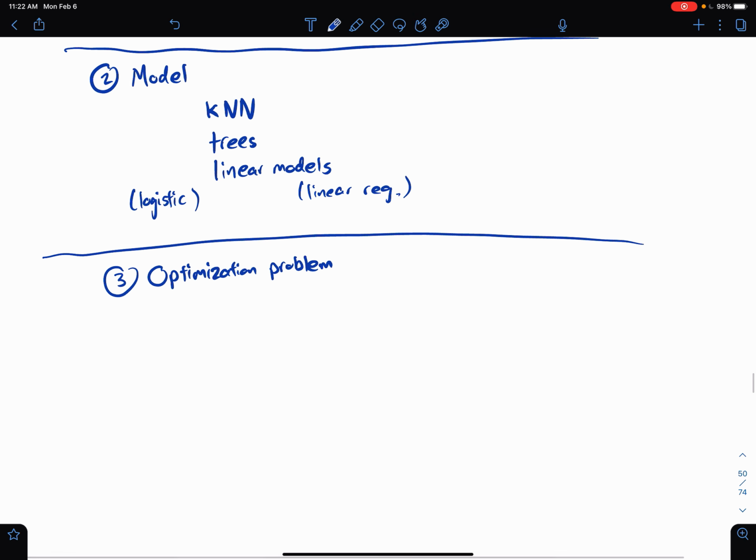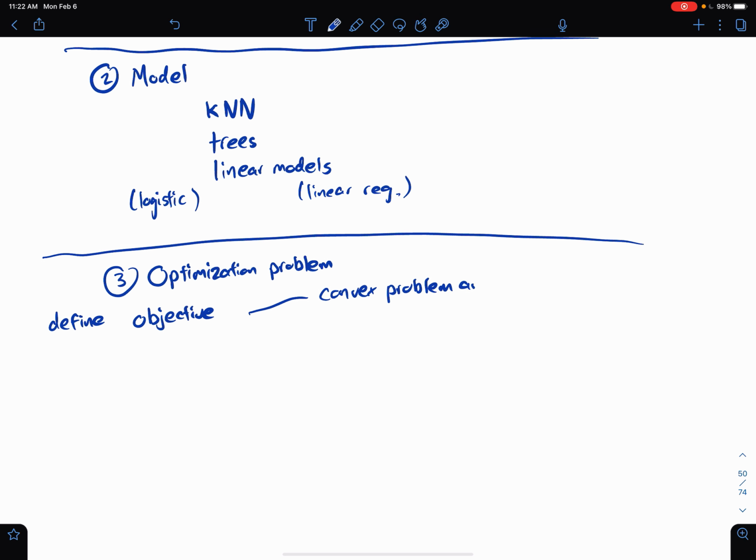This is where we define what our objective is. We mentioned last class that there are entire classes of problems that are easy to solve. Convex problems are easy to solve, and there are entire courses on trying to formulate a problem and its constraints into a convex formulation.